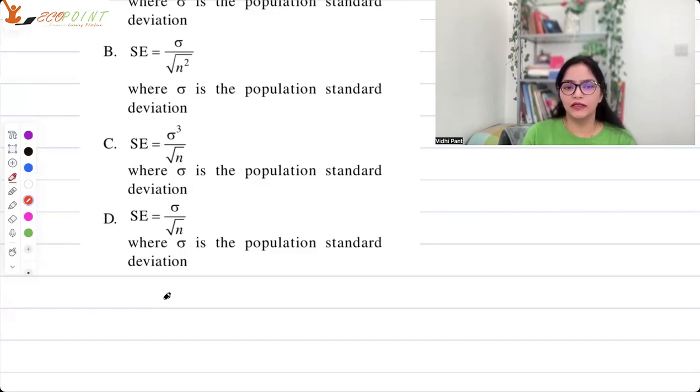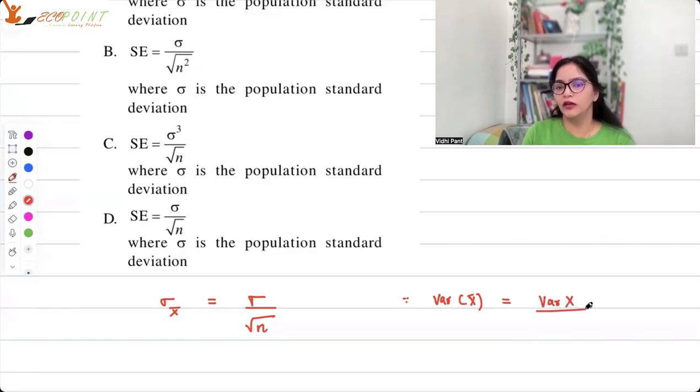So we can call it sigma X bar, or SE is always equal to the population standard deviation upon the square root of n. This is happening because variance of X bar is equal to variance of the population upon n.